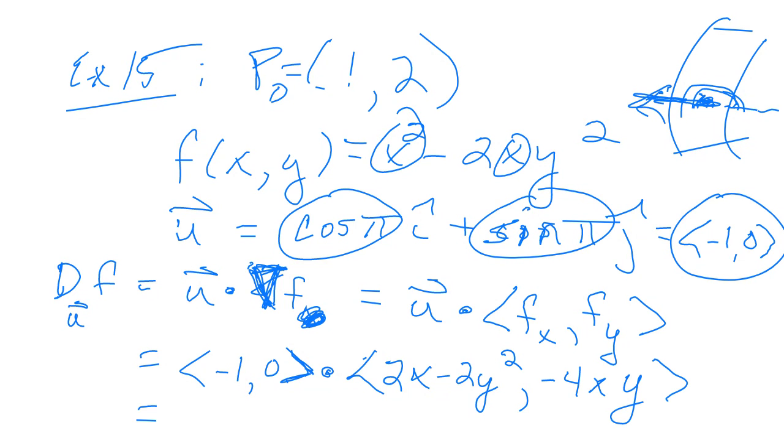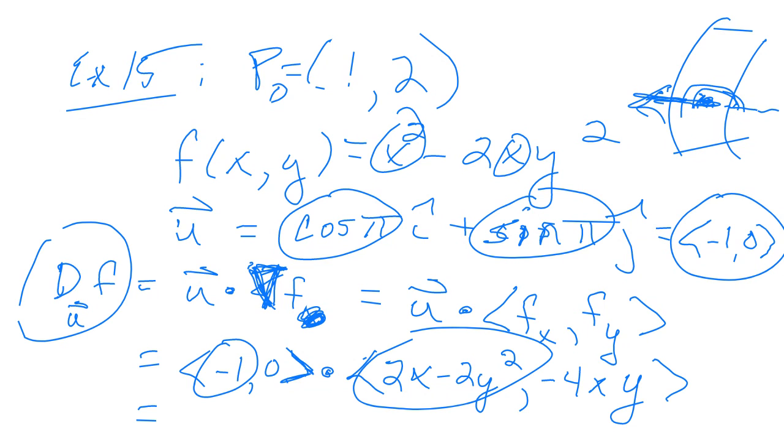And then if I take this dot product for the directional derivative of f in the direction of u vector, I will just get minus 1 times the first component, basically the opposite sign. So I'm going to write that as 2y squared minus 2x, and then plus 0. This is what I end up getting there. Now if I want to figure out what that is at the point, I'm not sure, she wrote -2 in the notes there, but I have (1, 2) here.